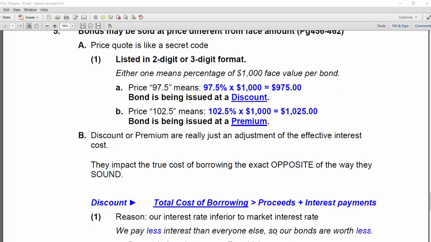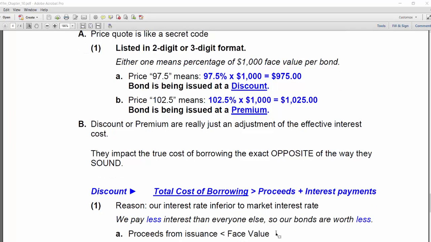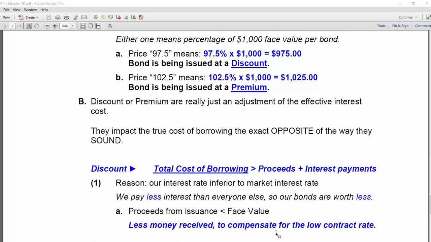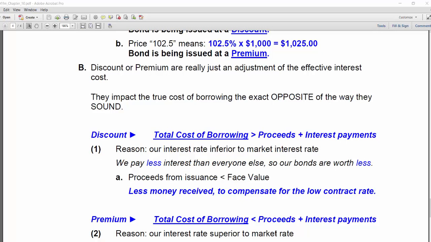And why does it sell at a discount? Because we pay less interest than everybody else, so our bonds aren't as desirable as other people's. And you'll see the proceeds from the issuance are less than the face value. And the reason why that's happening is because we had a low contract interest rate, so we had to sell the bonds cheap in order to get people to buy them.